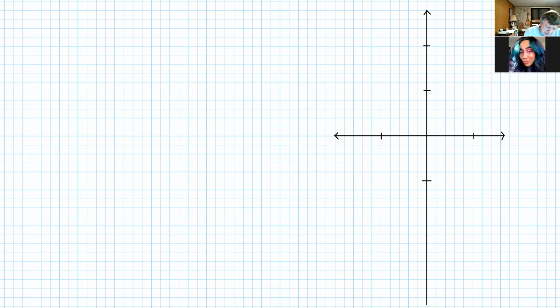Okay, let's say we have y equals 2x. That's a linear equation, and the graph would be a straight line. Let's say we have y equals x squared. That's a quadratic equation, and the graph would be a parabola.